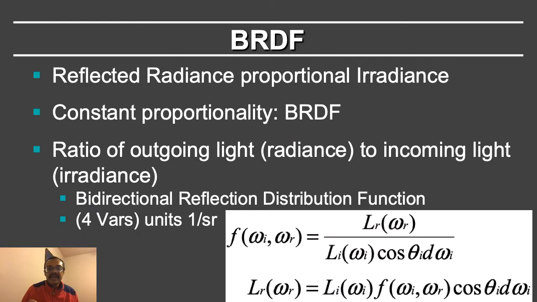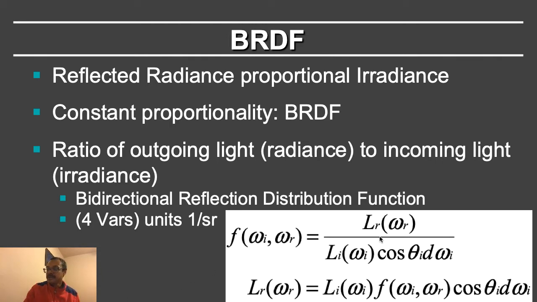The key point of the BRDF is that the reflected radiance from a surface is proportional to the incident irradiance. And the BRDF is simply this constant of proportionality. Therefore, it is a ratio of the outgoing light or the outgoing radiance to the incoming light or the irradiance.